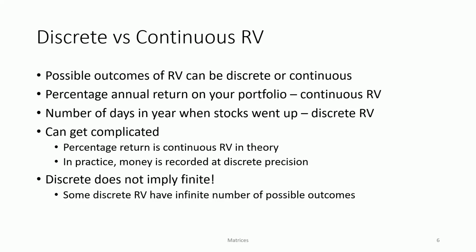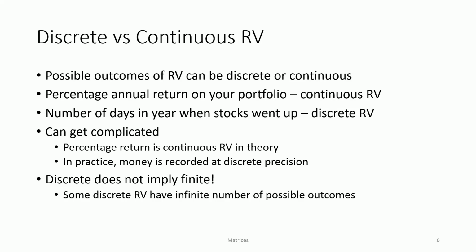But although conceptually these two variables were continuous and discrete, in practice they are not as cleanly continuous as the theory would suggest. Think of the percentage return as a continuous random variable, and yes, it is continuous, it can be any percentage return.